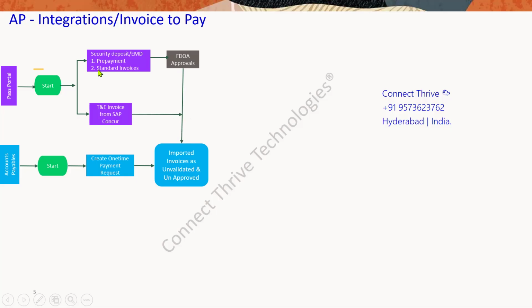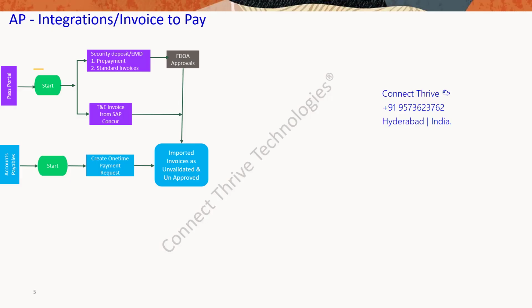If the security deposits are standard invoices, let's take an Airtel case, or else you can take Vodafone or Jio. Whenever they install any mobile tower in a particular village, from that farmer or landlord they take the land, 20 cents or whatever required land, and they give a security deposit of 5 lakhs, and every month rent would be 5,000 to 7,000, 10,000, depending on the area and the population.